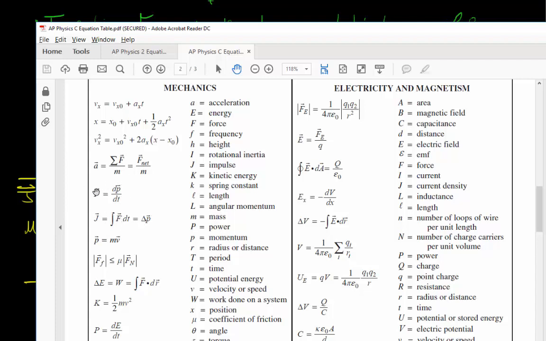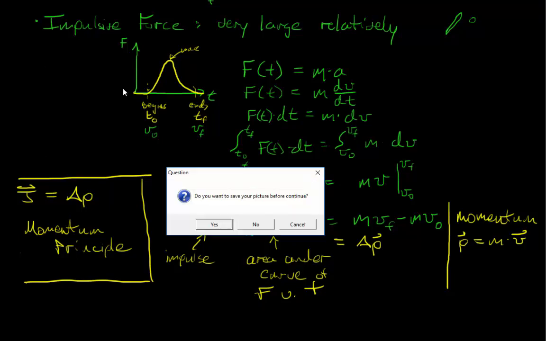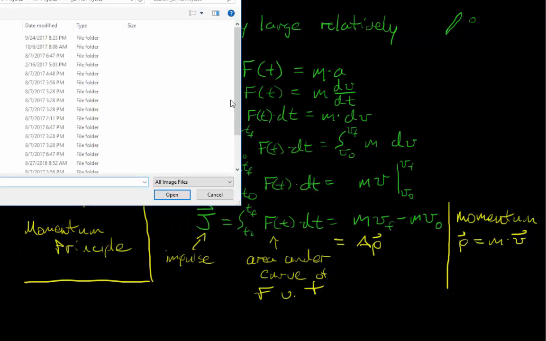And now we're going to talk a little bit about this one. It says that force is the change in momentum over time. So that's Newton's second law. Let me get a new page open. So Newton's second law: the acceleration is equal to the net force over mass.